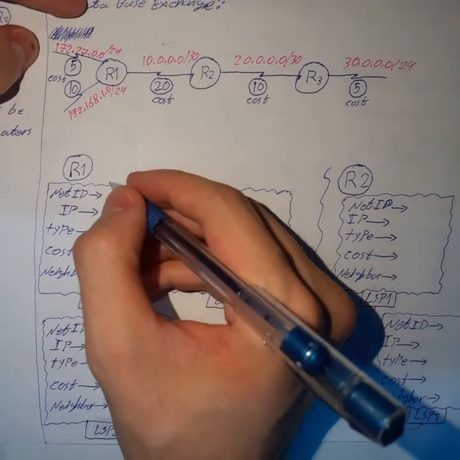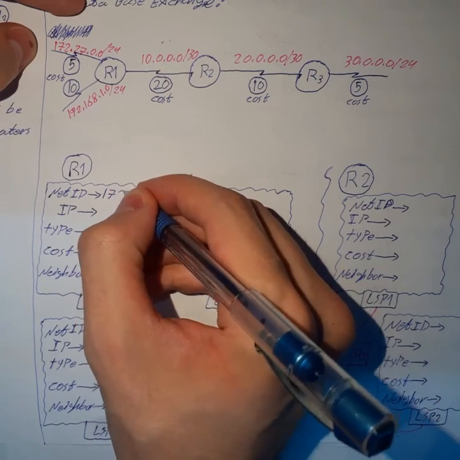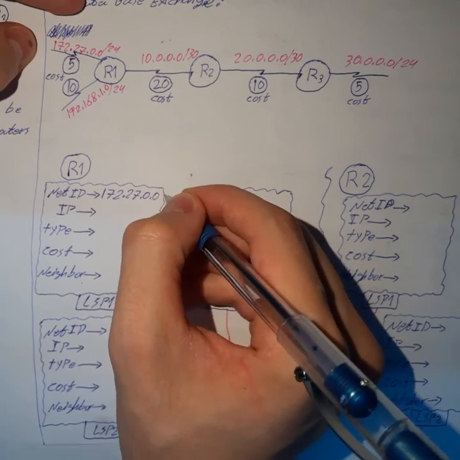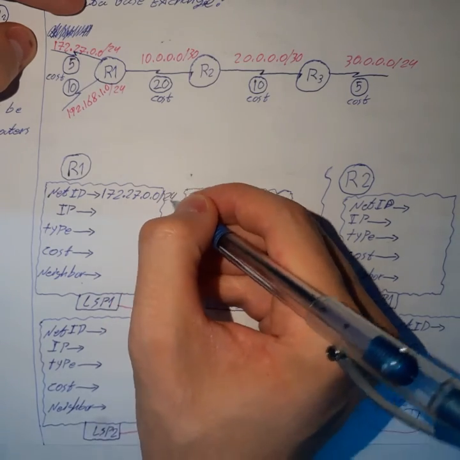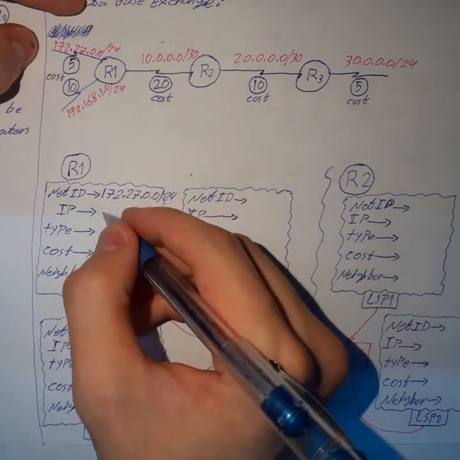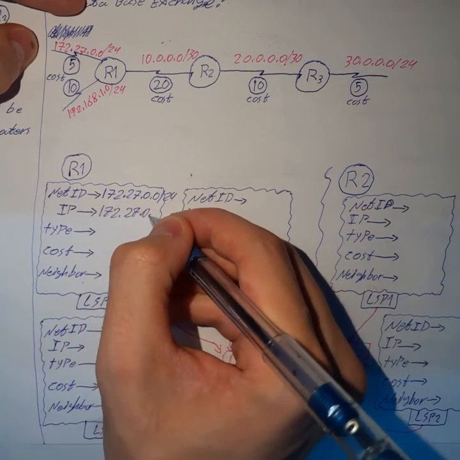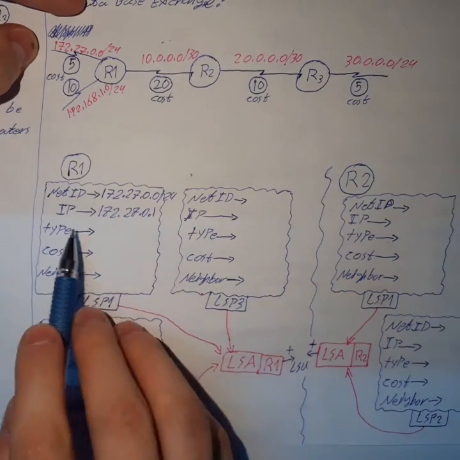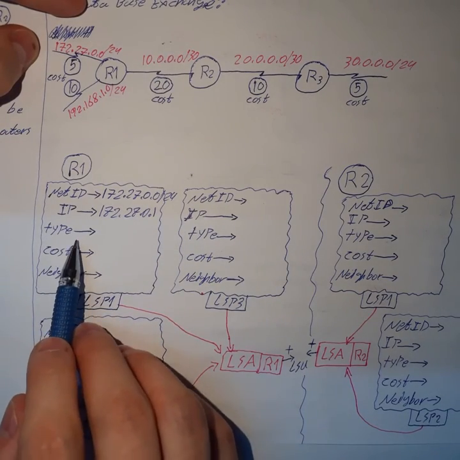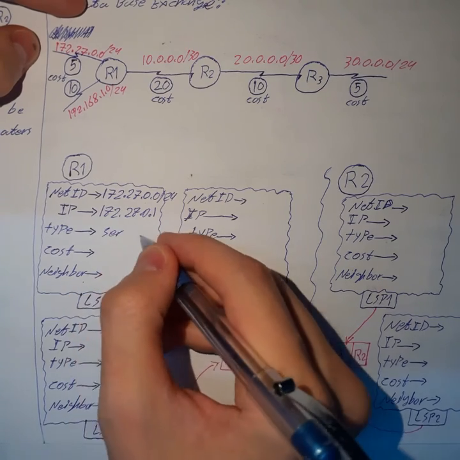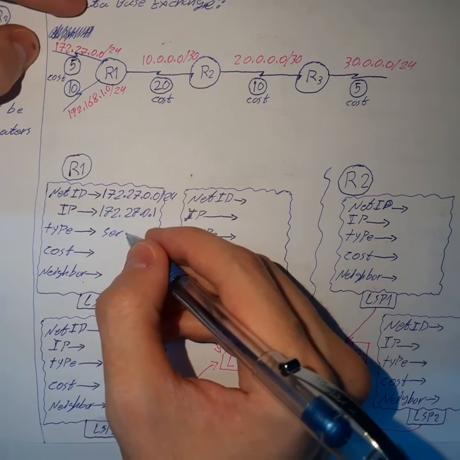For the network ID, here it's 172.27.0.0/24. The IP will be 172.27.0.1. The type is the cable type. We use a serial here because it's between routers.